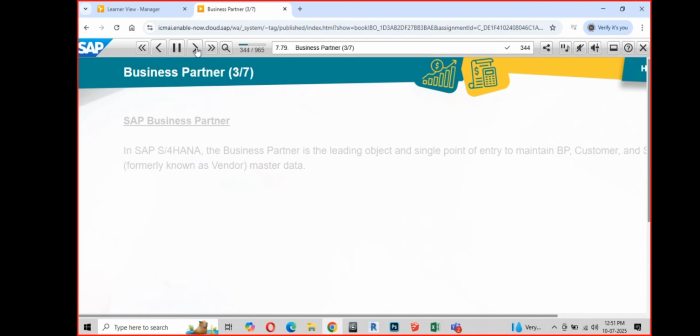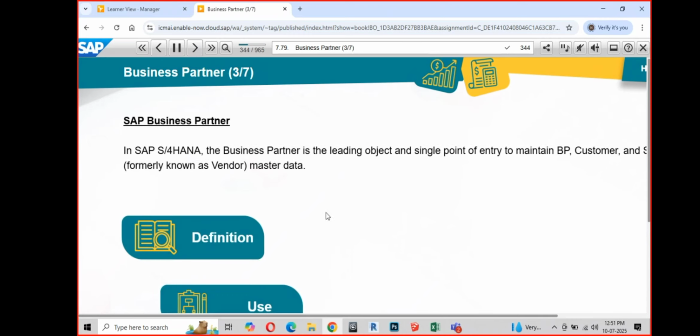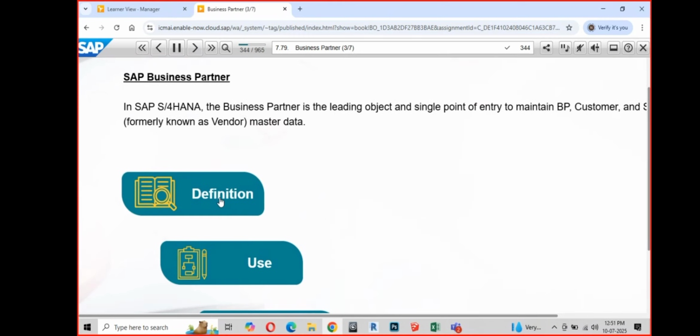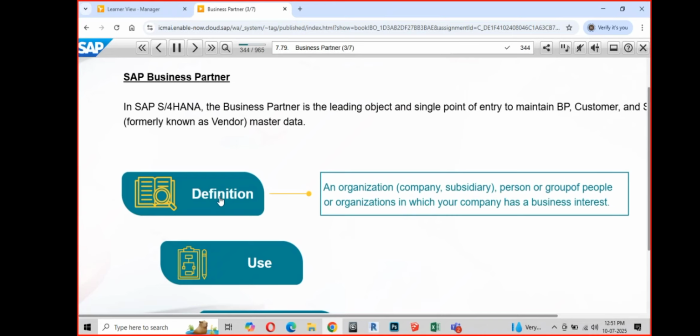So let me click on this. So who is a business partner? Who is a customer or a vendor? A person who has business interest. Clear?